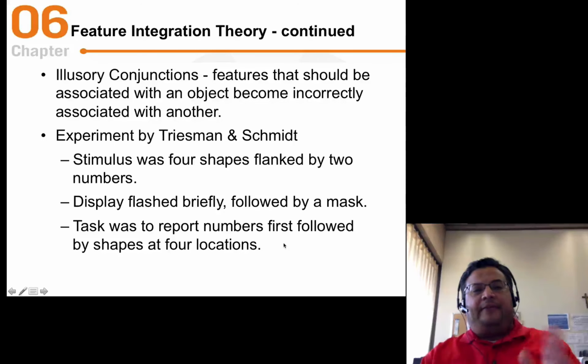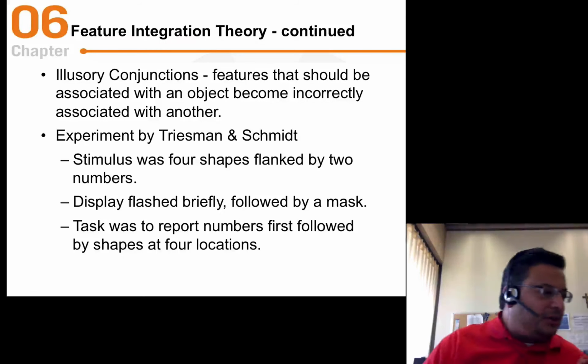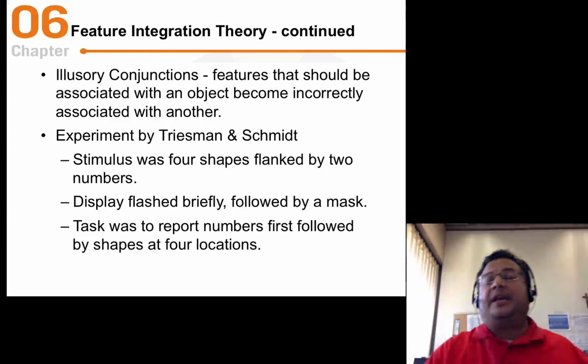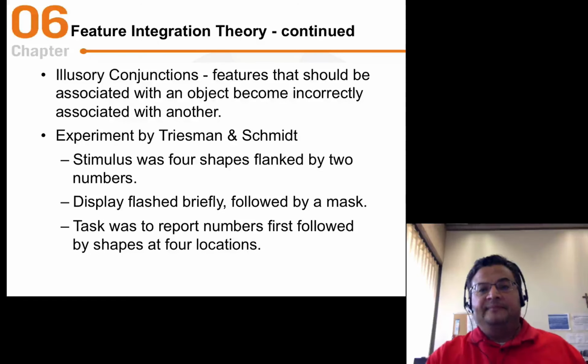So this display flashed very briefly, followed by a mask, which is a random pattern that is meant to mask out the image that you just saw, so that you only saw it for 1/5 of a second, according to your textbook. The task was to report the numbers first, followed by the shapes at the four locations.